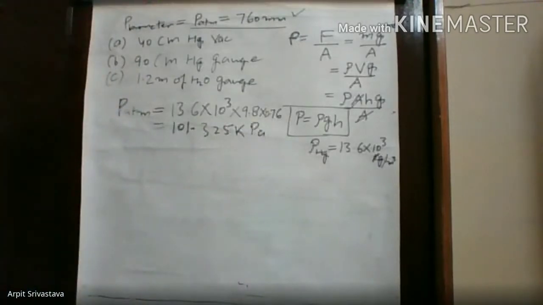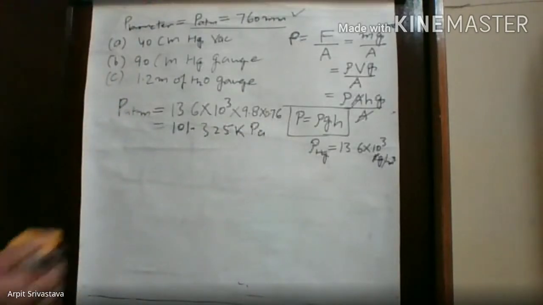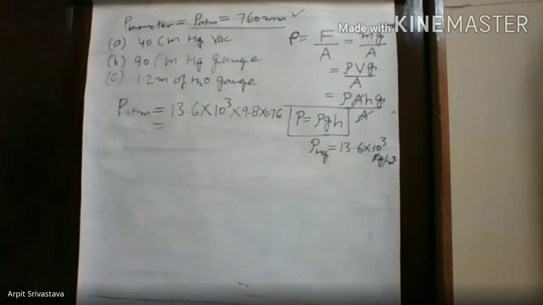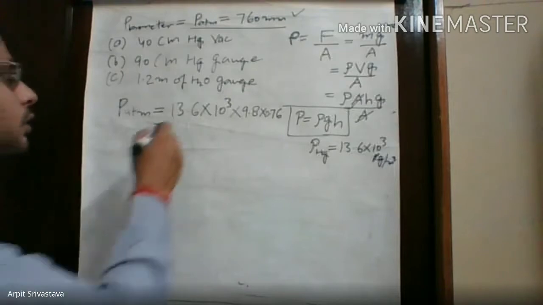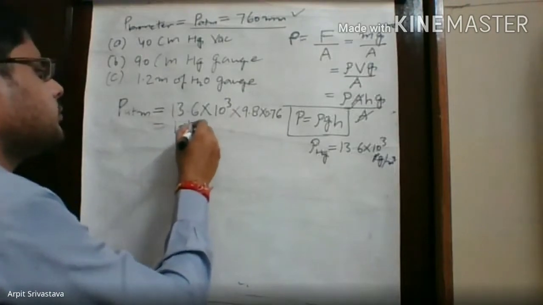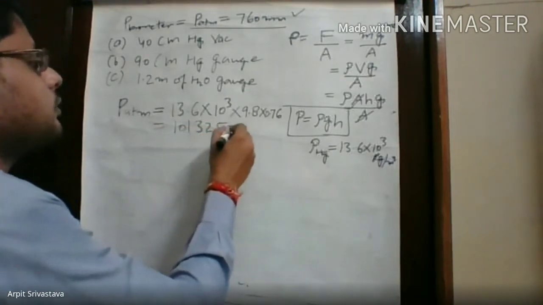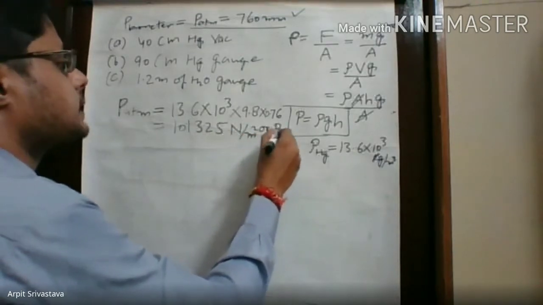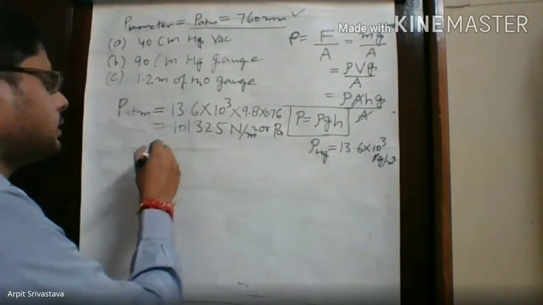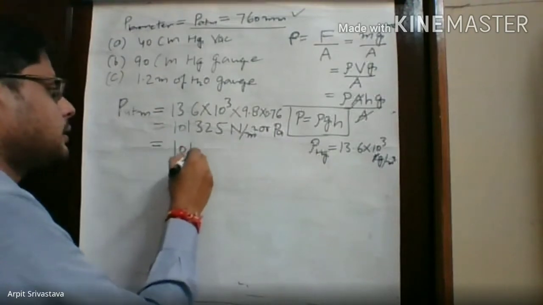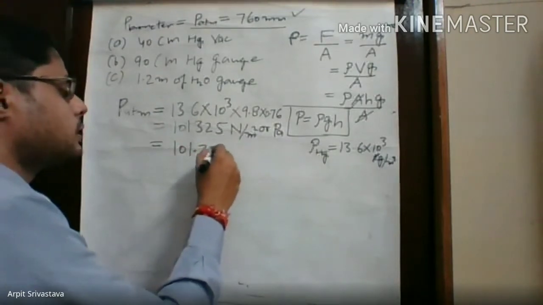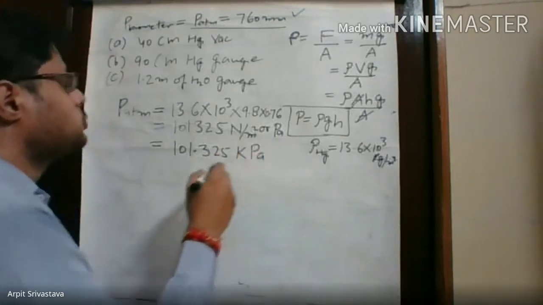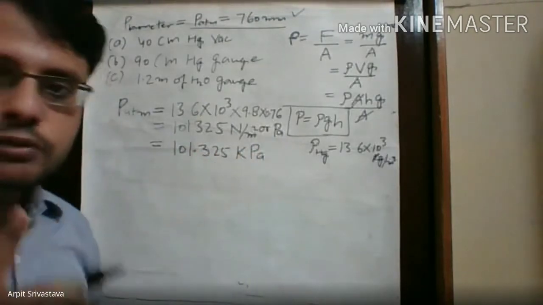So firstly, you will get the atmospheric pressure value as 101.325 Newton per meter square or Pascal, which we can write as 101.325 kilopascal.